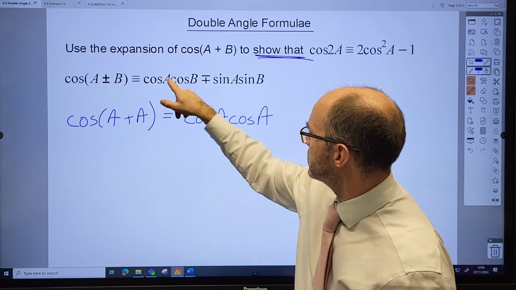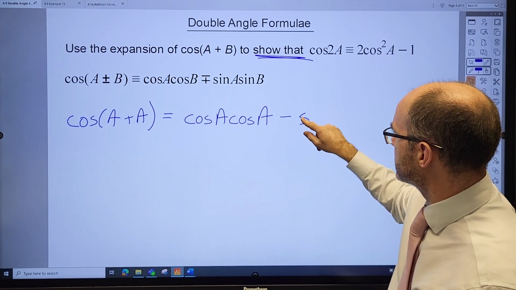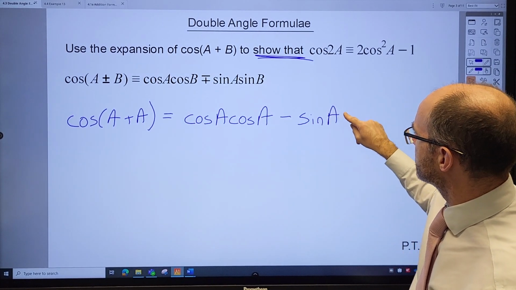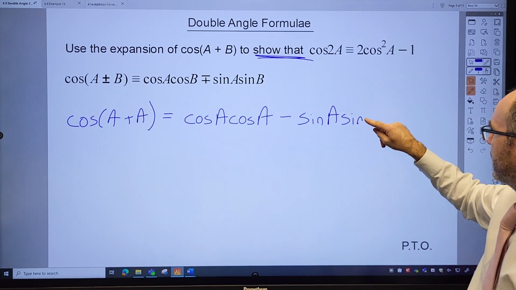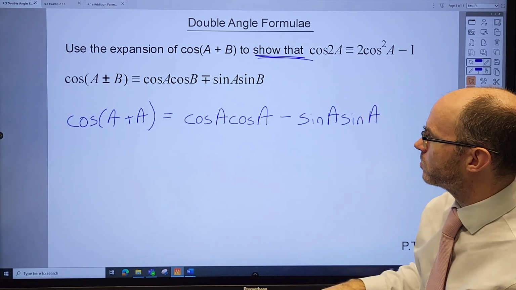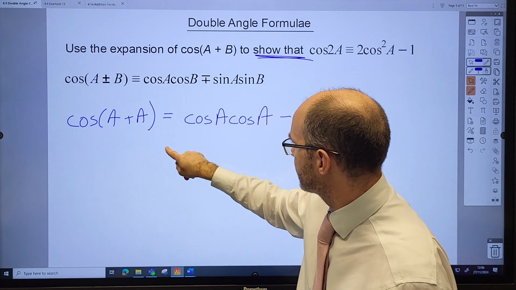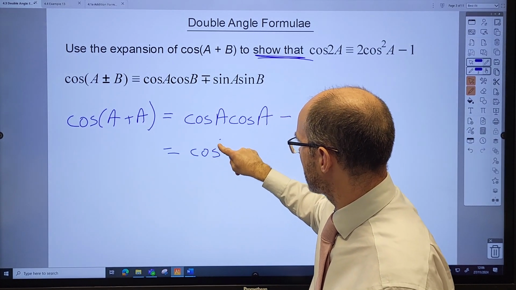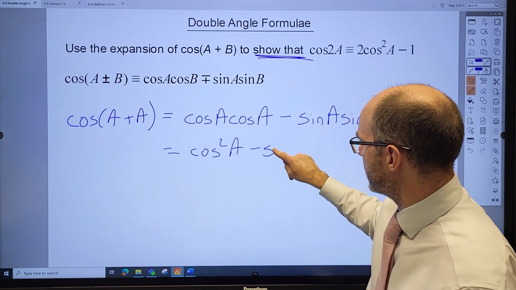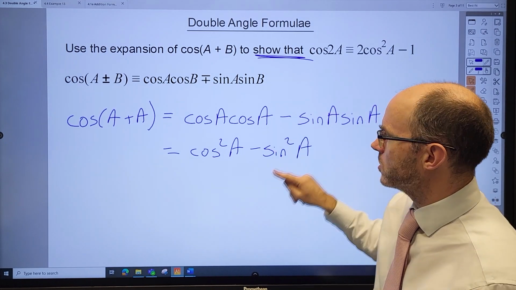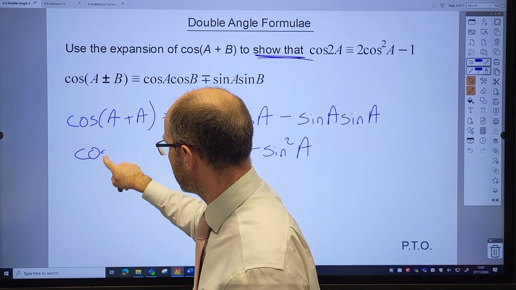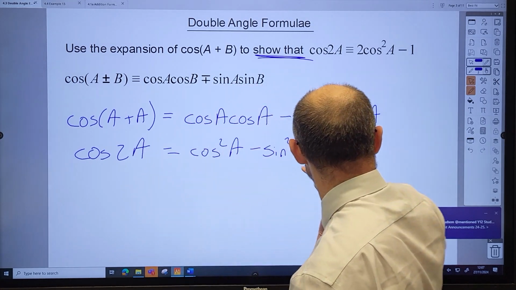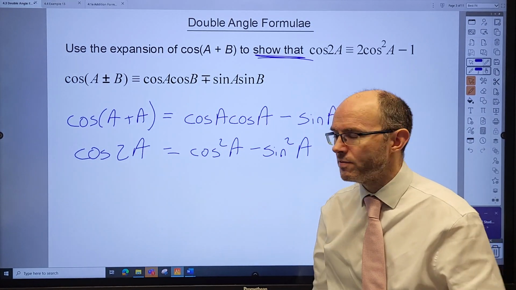And then remember, it's going to be subtract, and then sine A sine A again. And we're just going to write that as cos squared A minus sine squared A. And what I'm going to do is I'm going to write the left-hand side as cosine 2A. And that gives us our first result. Our first result is there.